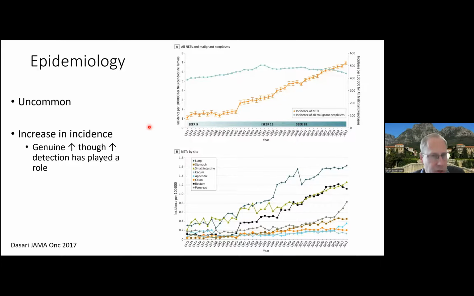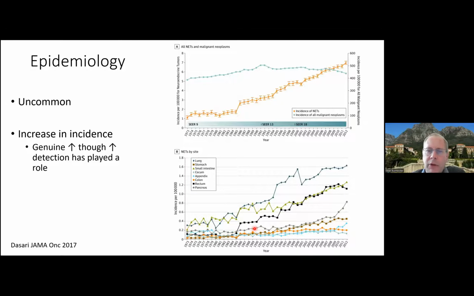So I think there's no question that there's an increased incidence. As I said, some of that may be due to increased detection, but also some of it is almost certainly due to a true pathological increase.